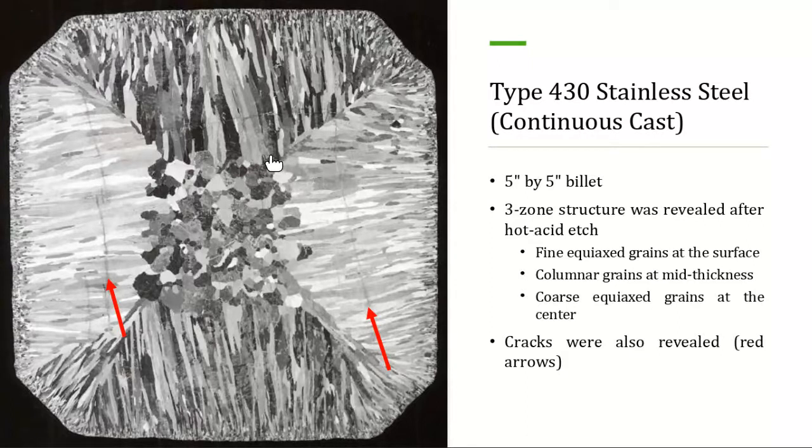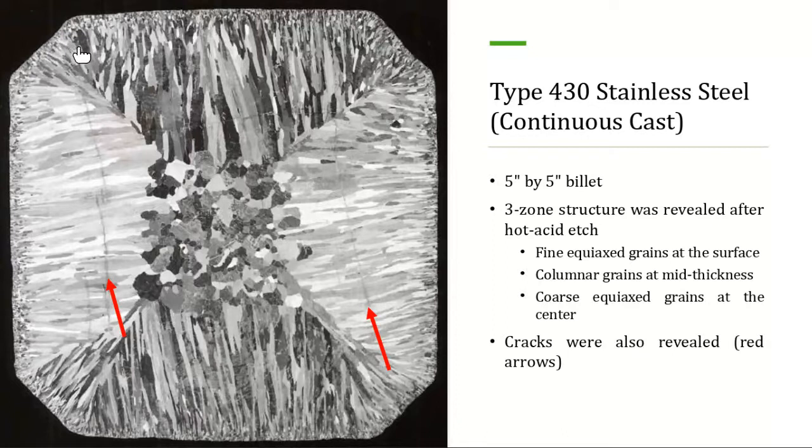How do these 3 zones come about? Well, when you're looking at this continuously cast product, the reason why you have smaller grains on the outer surface is because those experience the quicker cooling rates. As a continuous cast billet moves through, it is sprayed with water to cool that outer edge. So this is the first to solidify, is your surface, giving you the smallest grains.